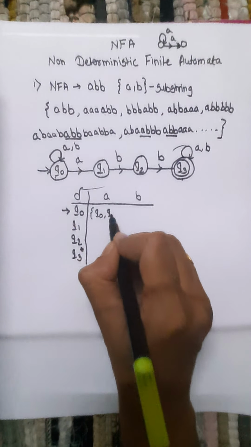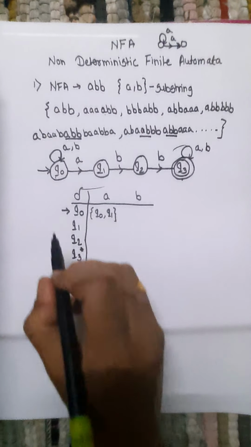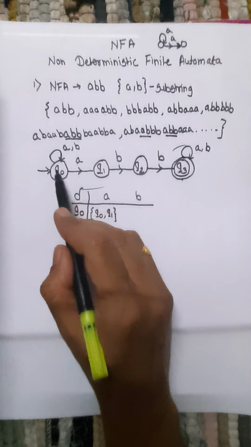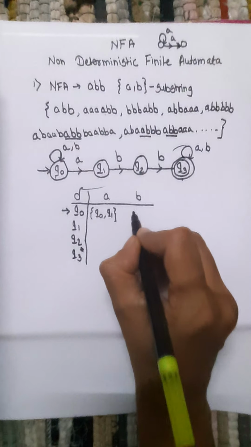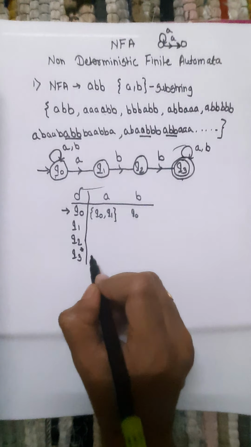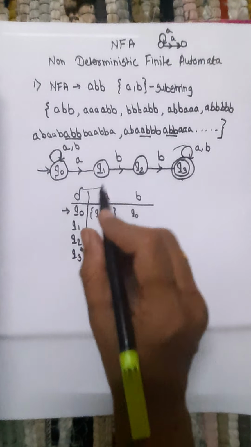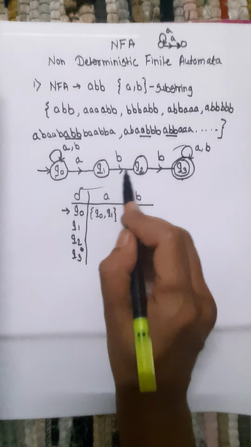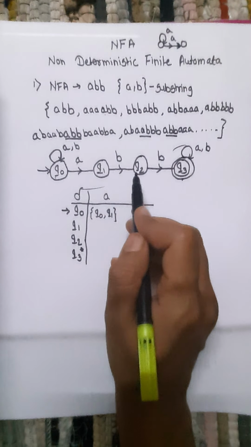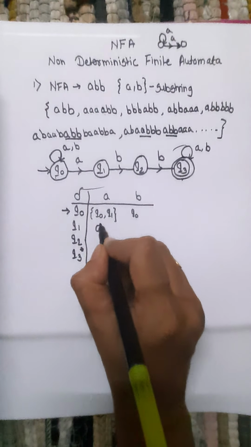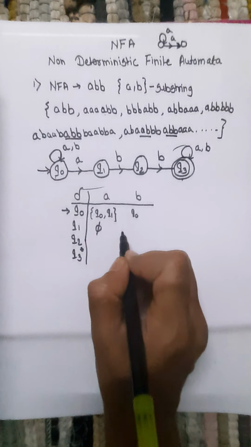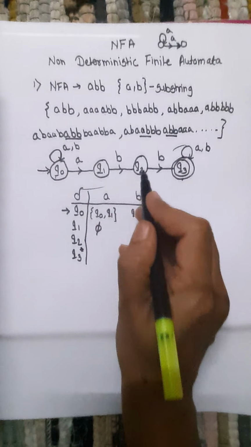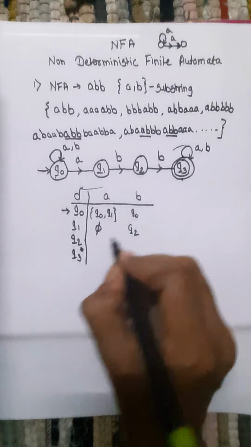So putting here Q1. Okay. So Q0 on B, it is a self loop. So destination is what? Q0. Q1 on A, there is no such arrow from Q1 on A. So putting here phi. Q1 on B, it is going towards Q2.